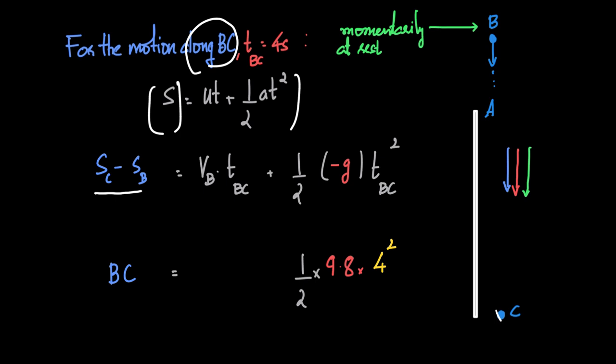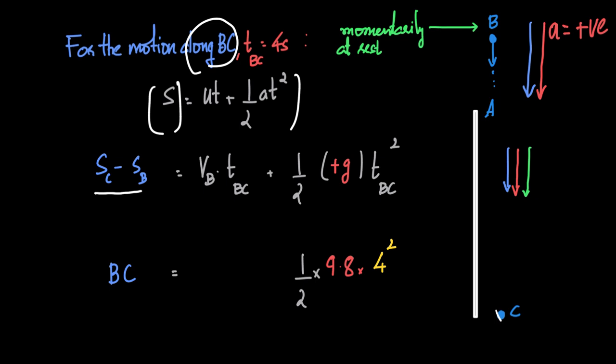Is that so? No. Why? Because velocity is now acting downwards and acceleration due to gravity is acting downwards. Since acceleration is along the direction of motion, acceleration is therefore positive, equal to positive g. Hope that makes sense.